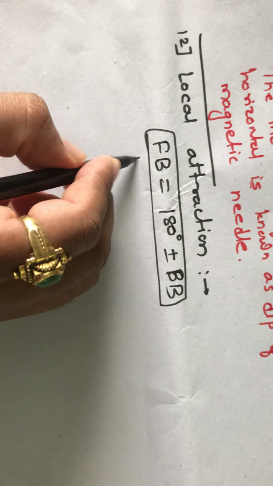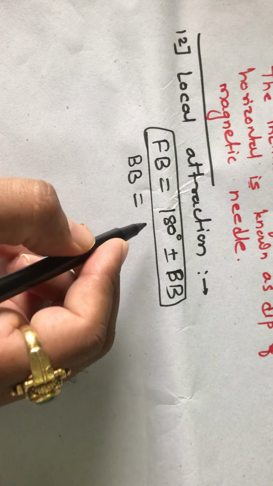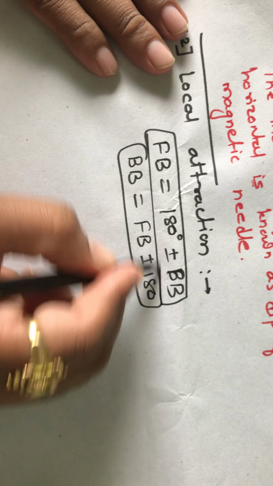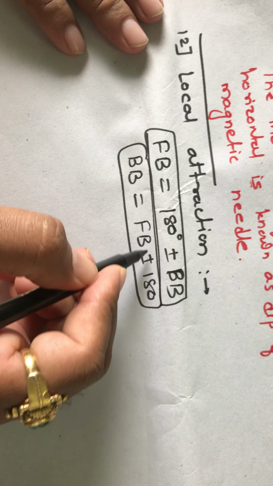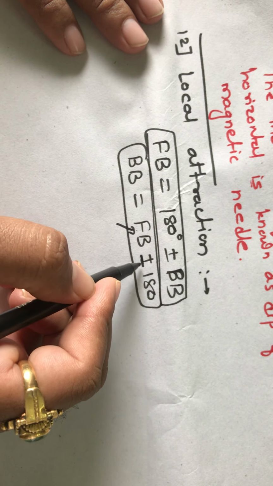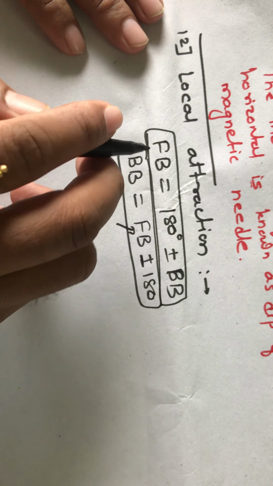That is, back bearing equals forebearing plus or minus 180. We use the plus sign when the forebearing is less than 180, and the minus sign when the forebearing is more than 180.